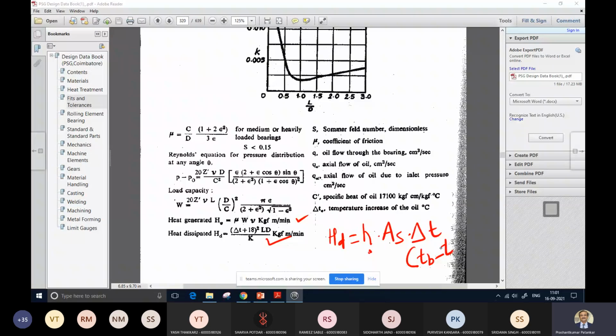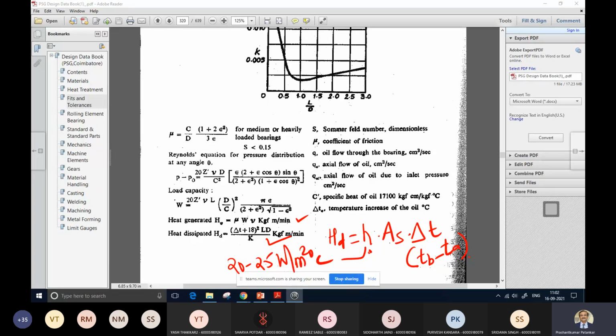Most of the time, if the value of your small h, that is the convective coefficient, is not given, in that case we are going to assume a value between 20 to 25 watt per meter square per degree centigrade.